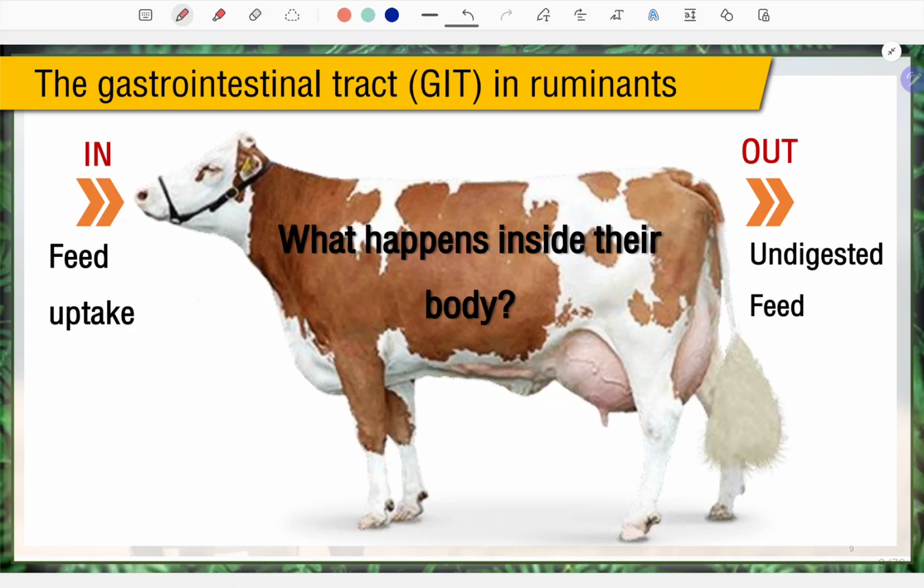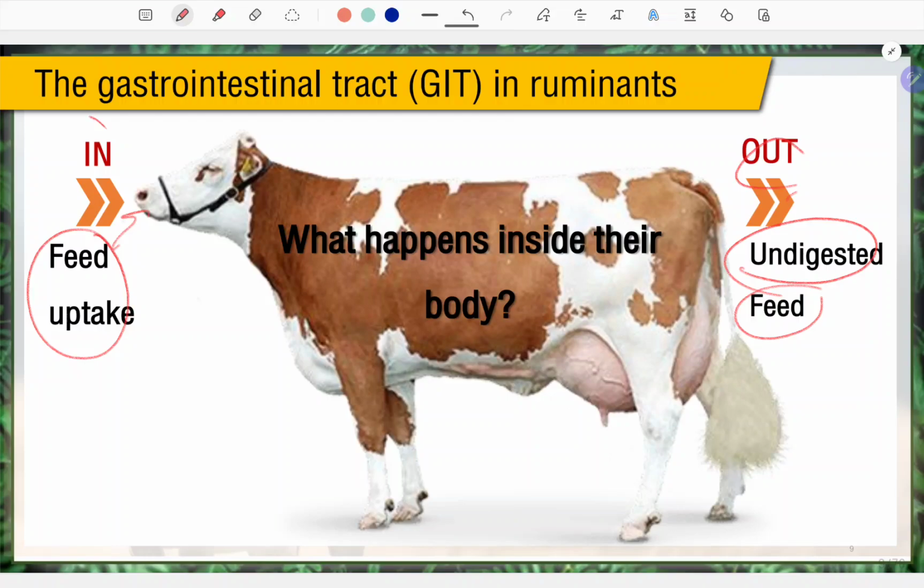If you look at the appearance of ruminants, you can see feed is taken up by the mouth, and undigested feed that cannot be digested, absorbed, or metabolized in the body will leave the body of the animal through the anus.